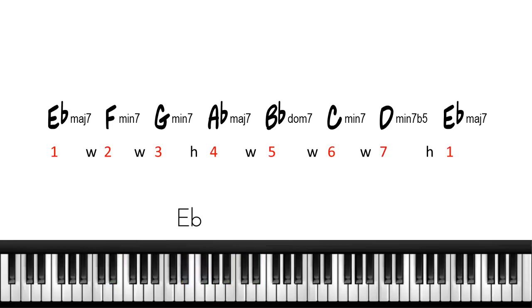So that's an example of how you can use it in a song that primarily just has 1, 4, 5, and it's a hymn, What a Friend We Have in Jesus. That's one example of a hymn where you can use these concepts.